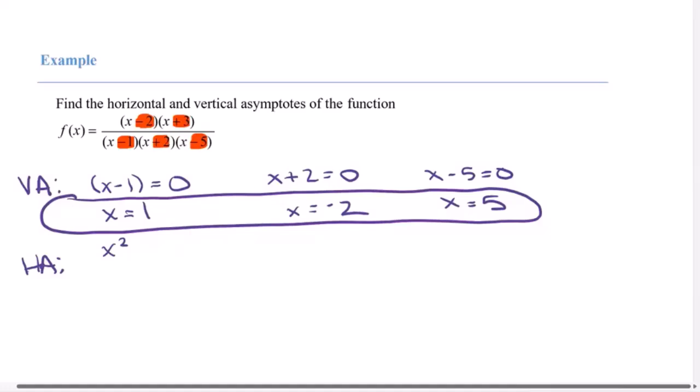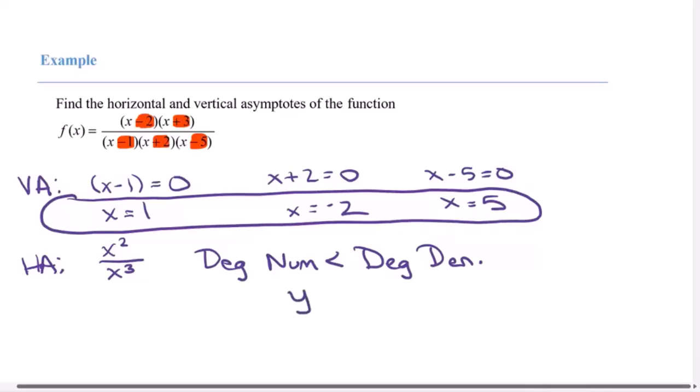Notice now, I can just look, I have x squared over x cubed, which means that the degree of my numerator is less than the degree of my denominator. And I have a horizontal asymptote at y equals 0. And I think that's really probably the easiest way to do it. So I have 3 vertical asymptotes, 1 horizontal asymptote.